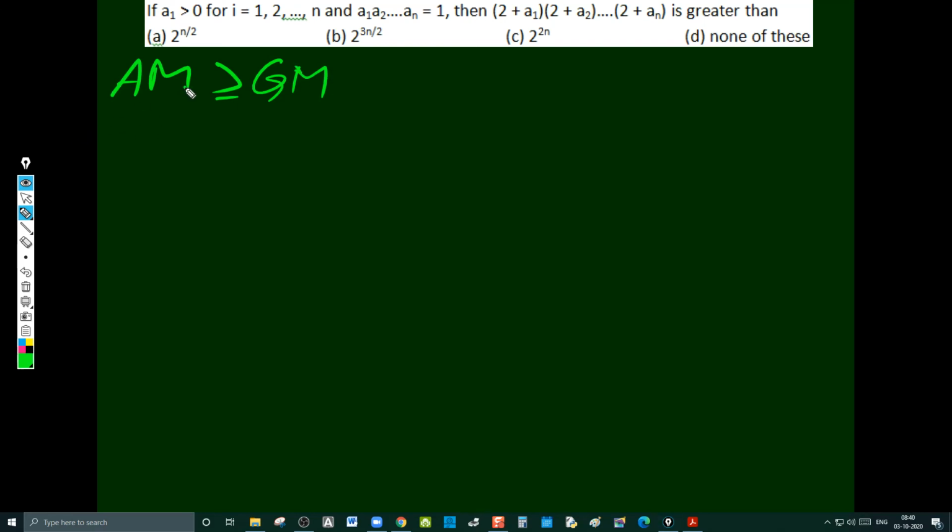This is mostly used. What is AM for 2 and A1? It is (2 plus A1) upon 2 greater than or equal to square root of 2A1.